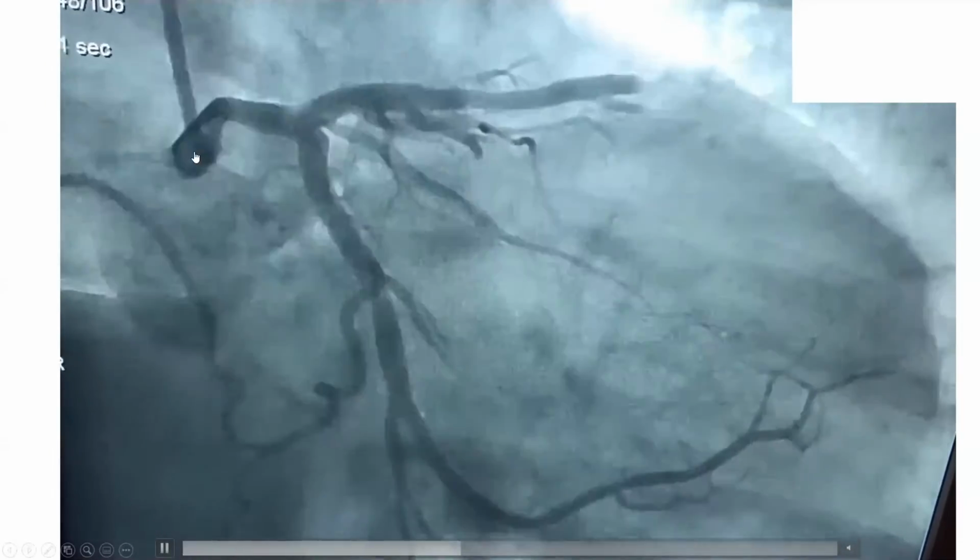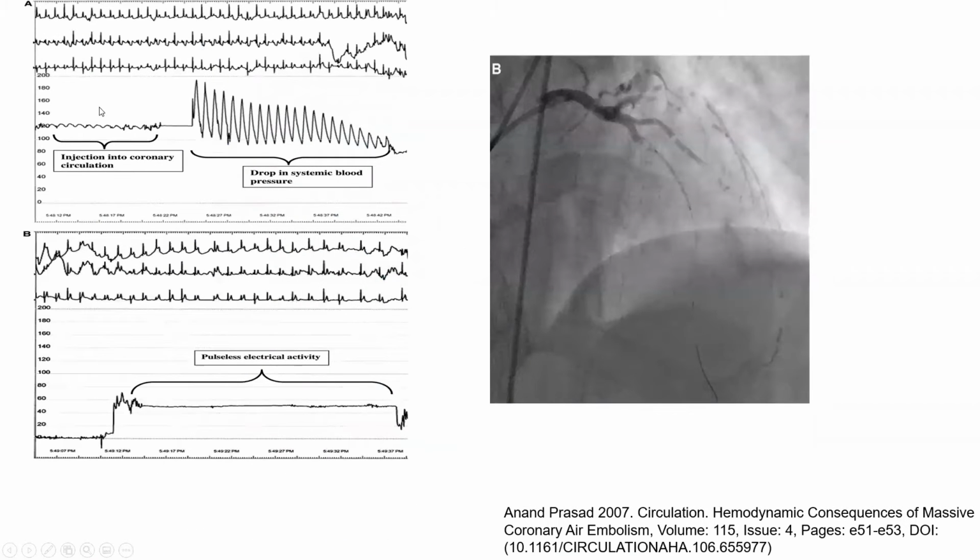Number two, when you have those air bubbles, your catheter pressure will be damped. The catheter pressure was damped, but contrast was injected and air went into the coronaries. And so the patient became hypotensive. But it's important to recognize that damping, and don't inject when you're damped. More commonly, that means you're occluding the vessel and you'll make the patient ischemic, but on occasion it's air.